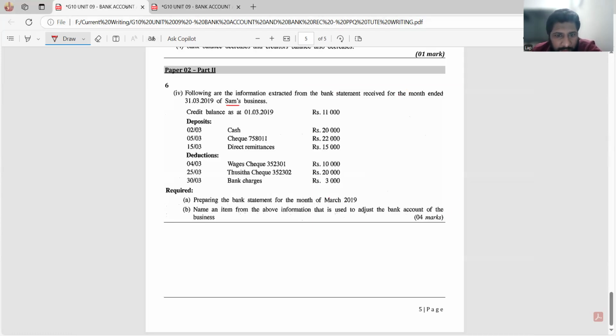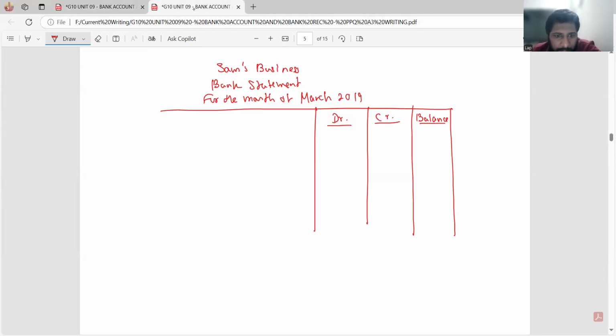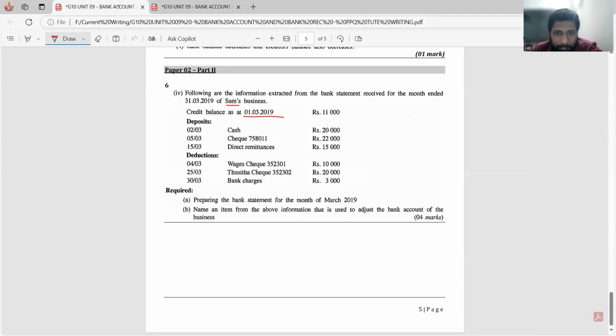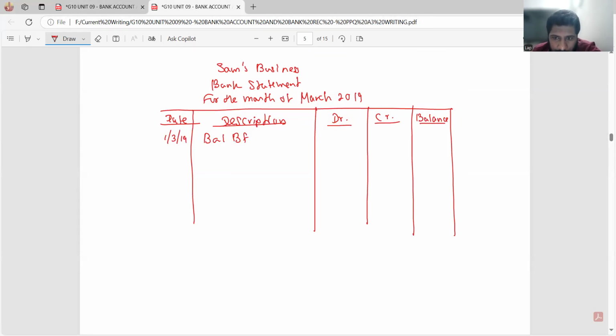So we'll start with the opening balance. 1/3/19, date, and the description: Balance BF, 11,000.